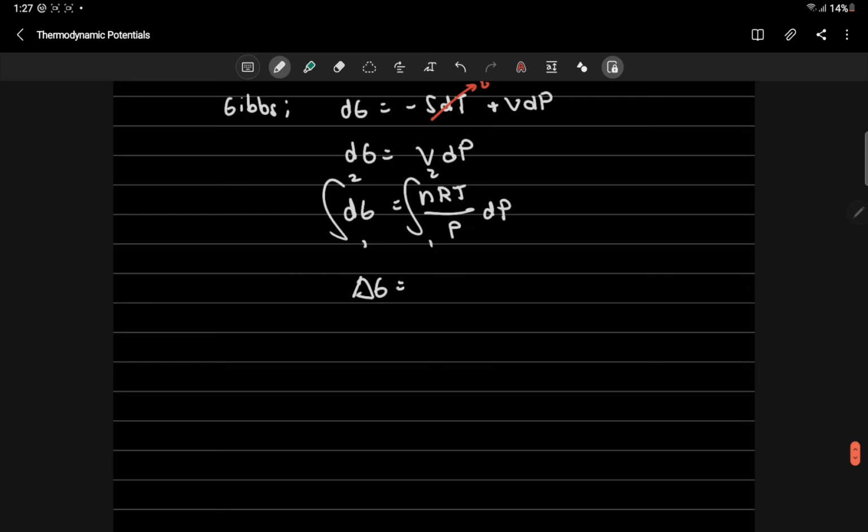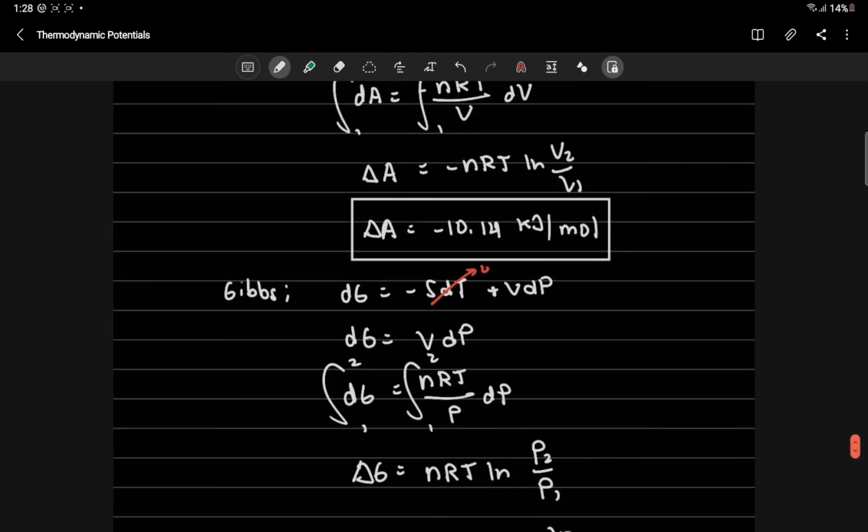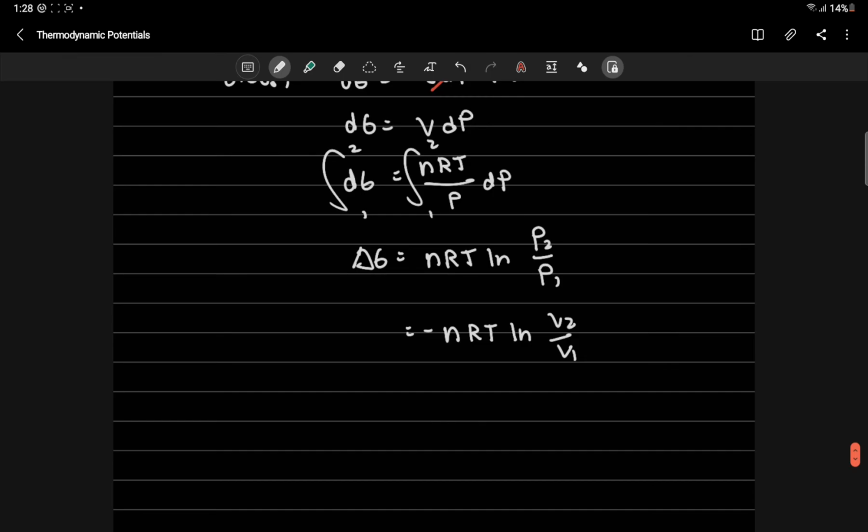Delta G is equal to, therefore, positive nRT ln of P2 over P1, which we have also seen kanina lamang. And that is also, kasi kung titignan natin, we can just replace this as negative nRT ln V2 over V1 this time, not V1 over V2, kasi inverse naman yung relationship ni pressure and volume according to Boyle's law. And that is exactly what happened also kanina lang kay Helmholtz, right? So this is the same expression. So therefore, kukopyahin lang din natin yung sagot. Delta G is equal to negative 10.14 also kilojoules per mole.